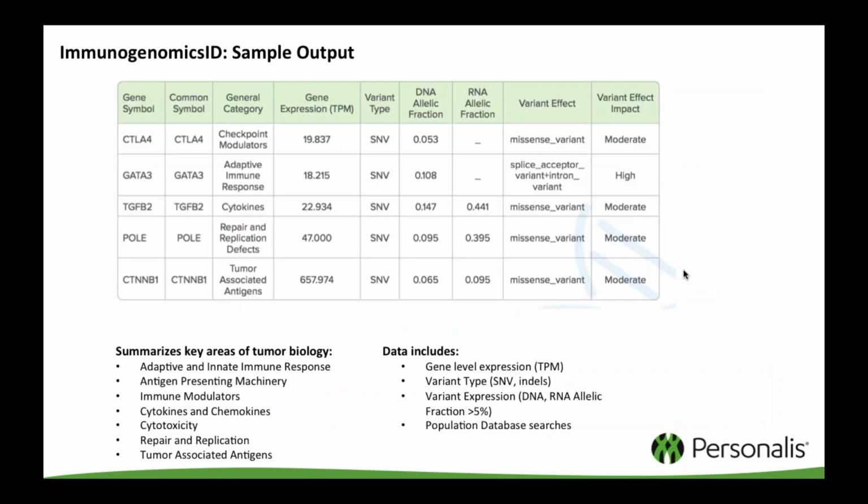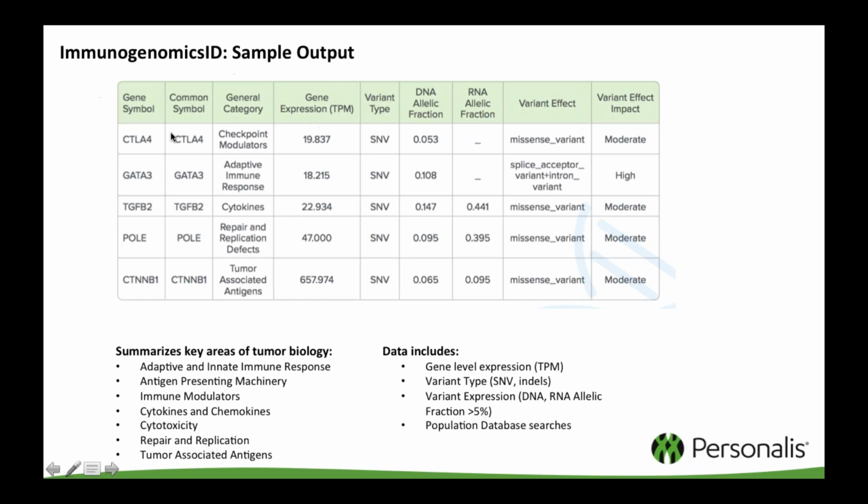And so with Immunogenomics ID, we provide a very powerful integration of both the DNA and RNA for comprehensive tumor immunogenomics. So we look at various categories shown here to allow for a focused, streamlined assessment of the tumor biology. So here's an example of a snapshot of Immunogenomics ID, pulling together a summary of the key findings in this particular tumor sample.